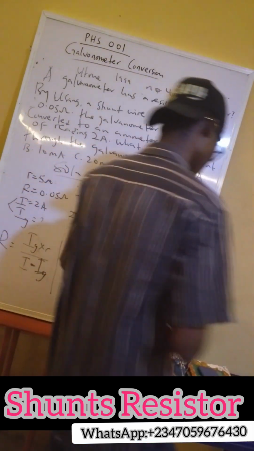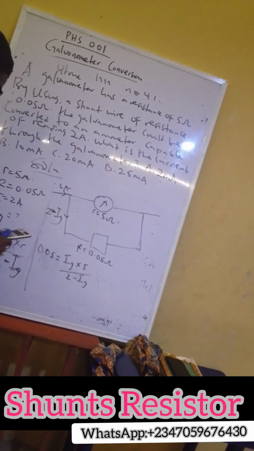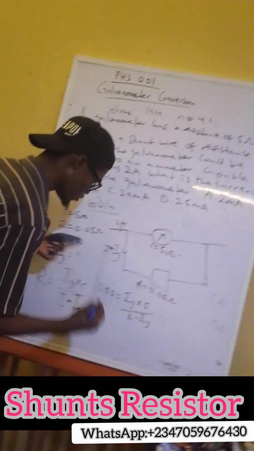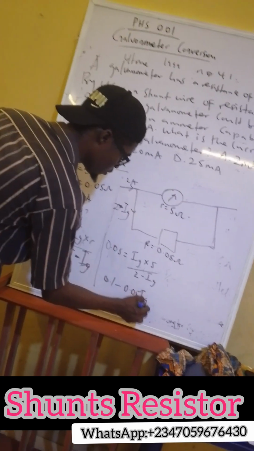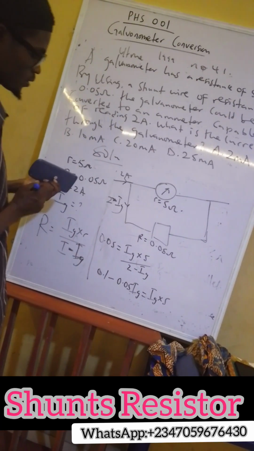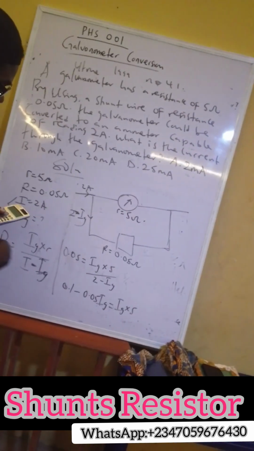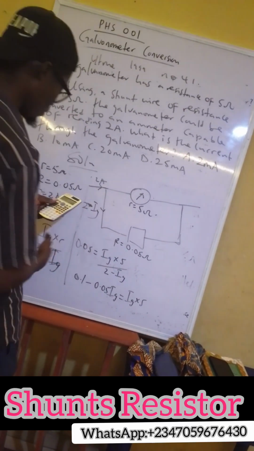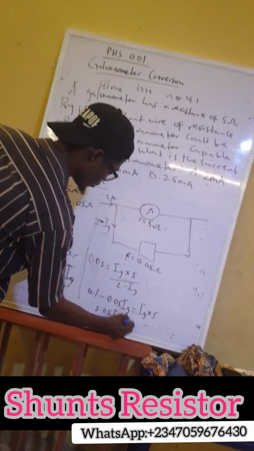By the time we multiply and expand, we get 0.1 minus 0.05 Ig equals 5 Ig, so 5.05 Ig equals 0.1.